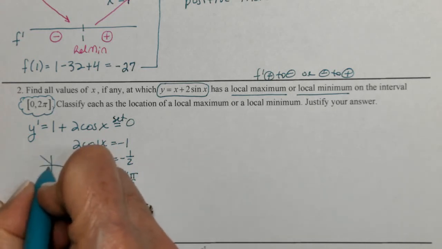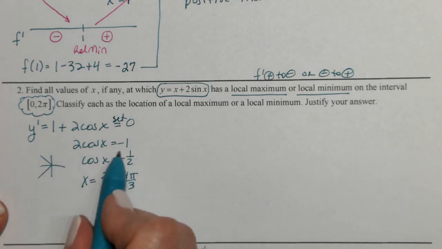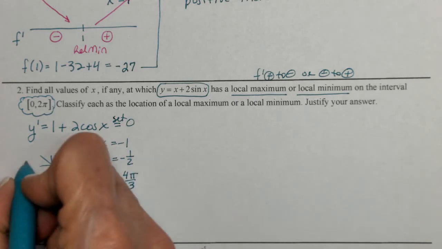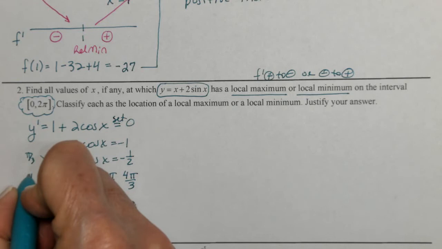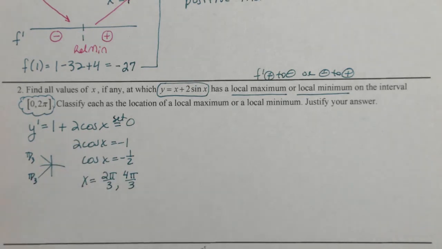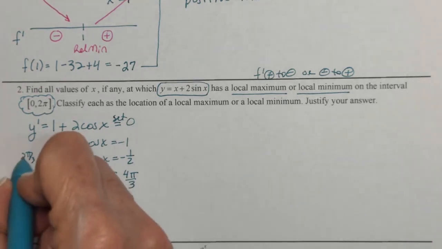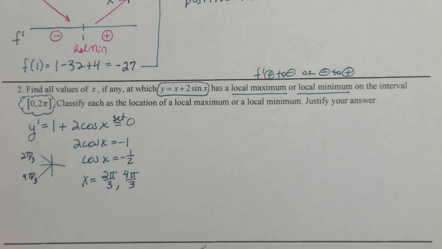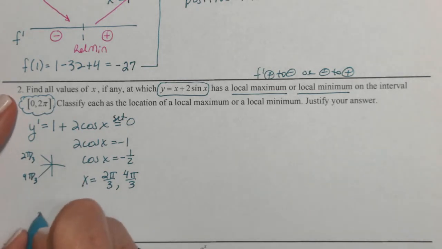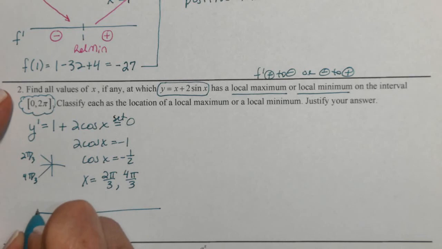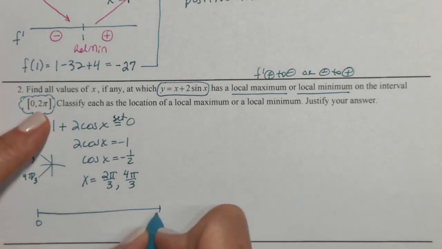That's quadrants 2 and 3 where cosine is negative, and again it's pi over 3 since cosine of pi over 3 is 1/2. Okay, 2 pi over 3, 4 pi over 3. All right, those two go on our number line between 0 and 2 pi.